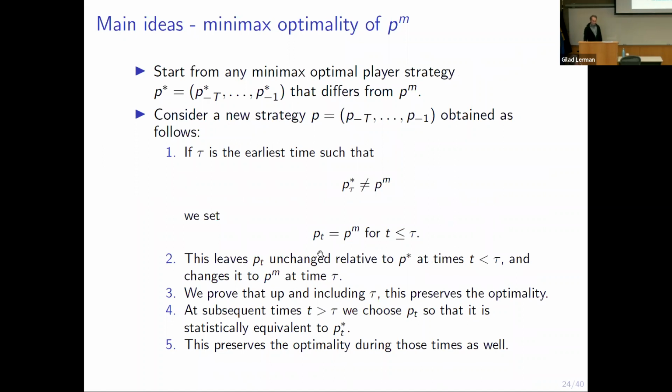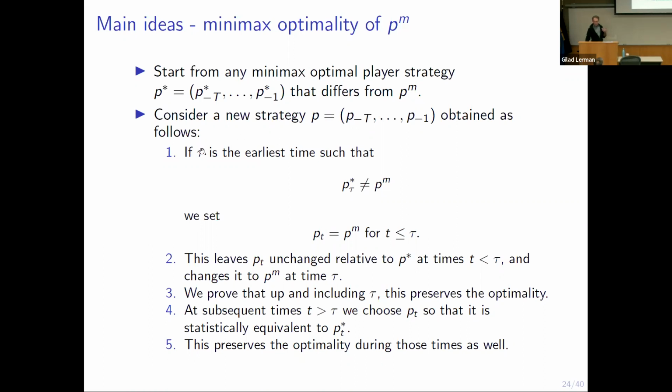The proof is still fairly involved because you have to consider this very large tree and all the history. But the basic idea is to start with a min-max optimal policy and construct a new strategy such that, if there's a time tau, the earliest time where the optimal strategy deviates from our strategy, then we set that strategy to be the myopic strategy for all later times.